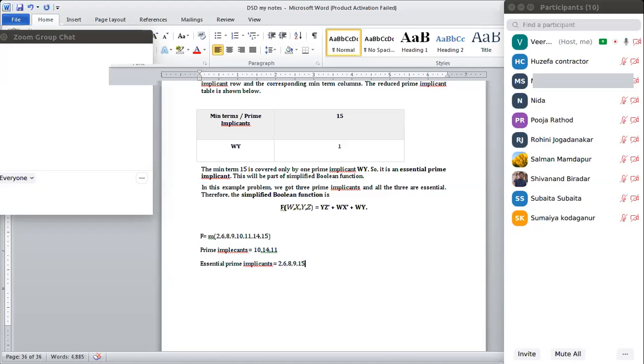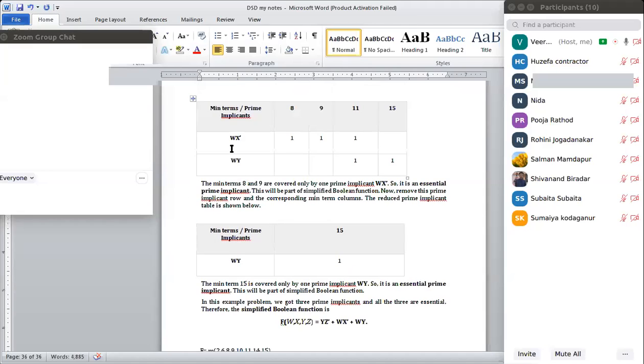Okay, right? So these are essential prime implicants. That is, these are not going to be covered by some other prime implicant. Only these are covered by some other prime implicant. These are single ones. Have you got how to find essential prime implicants and prime implicants?